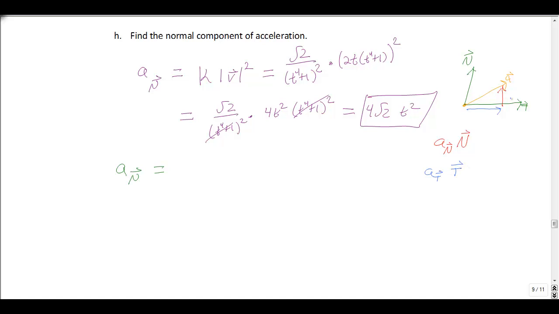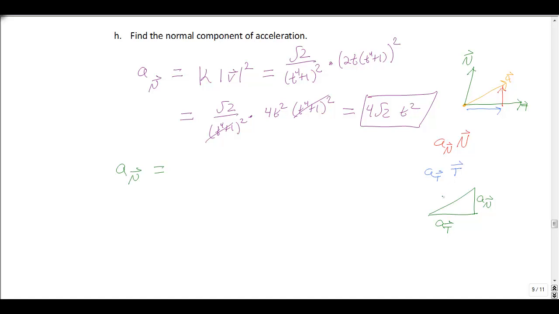Now, if you look at this picture here, we have a right triangle. One leg, the red leg, is the magnitude of this vector, and N is a unit vector, so that length is the normal component of acceleration. The blue side, this bottom side, is the tangential component of acceleration.